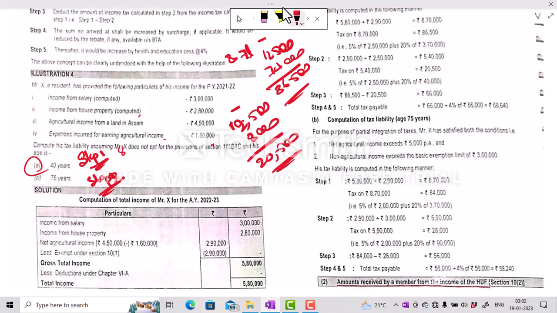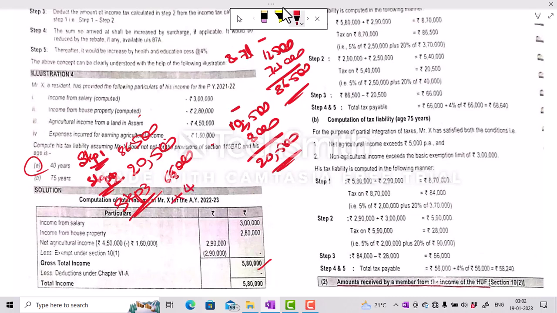I'll deduct. Step 1 it is 86,500 and step 2 it is 20,500. Step 1 minus step 2, 66,000. There is no surcharge and rebate because income is more than 5.8 lakh, and surcharge, it is less than 50 lakhs, so we don't have them.